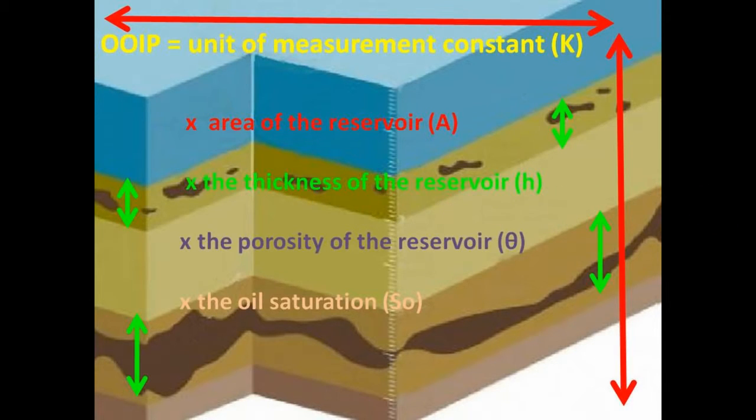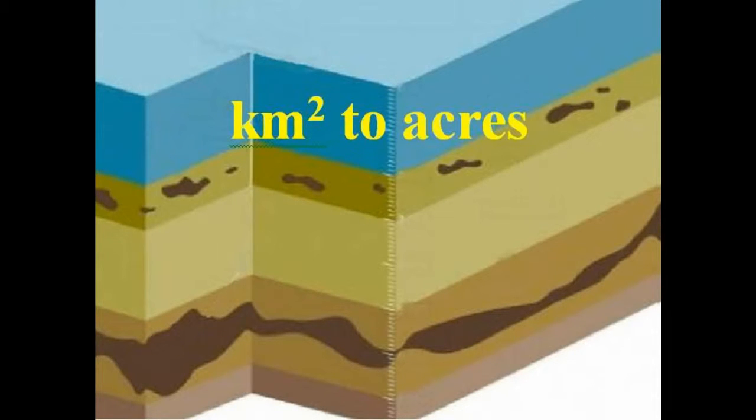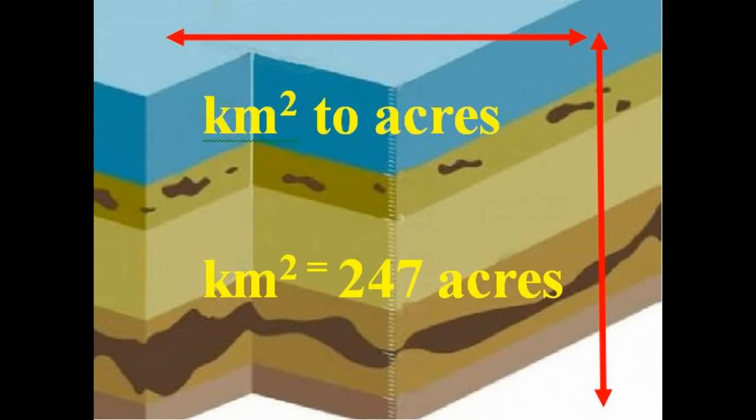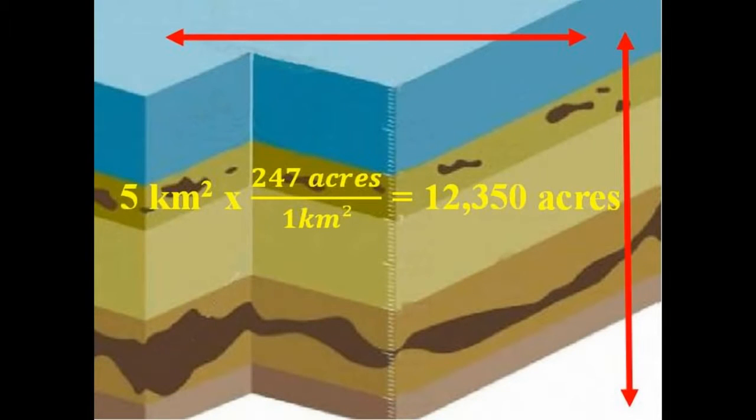First, we convert kilometers squared to acres for the area. Since we know that there are 247 acres in 1 kilometer squared, we write 5 kilometers squared times 247 acres divided by 1 kilometer squared equals 12,350 acres. So now we are ready to find OOIP.